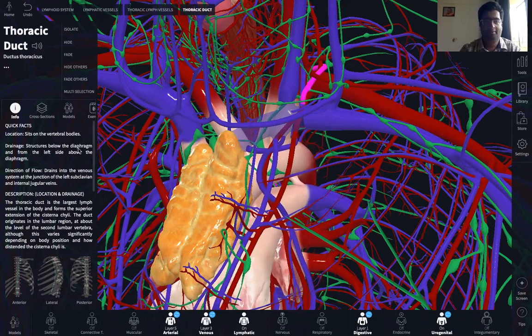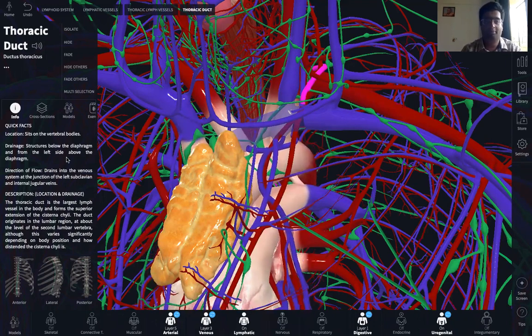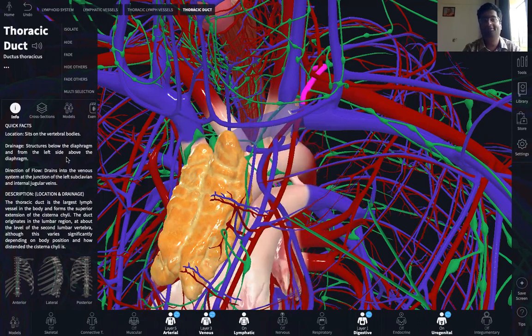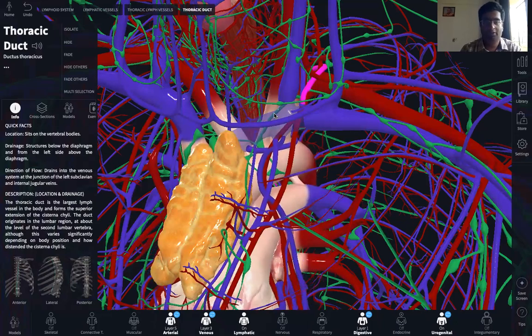Now it drains the lymph from the left side above the diaphragm, as well as from the rest of your body below the diaphragm also. So the upper left quadrant and the remaining part of your body below the diaphragm, the lymph from all these regions is drained by the thoracic duct or the left lymphatic duct into the major blood vessel, which ports the deoxygenated blood back into the superior vena cava to return it back to the heart.